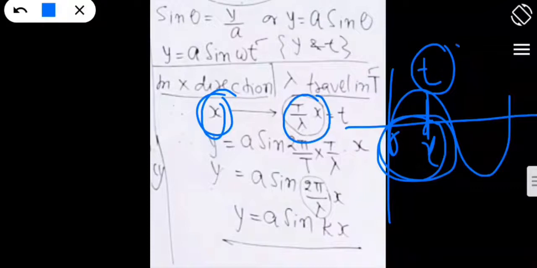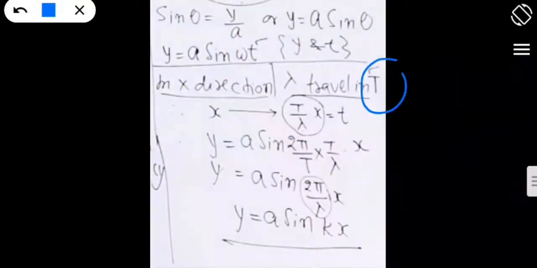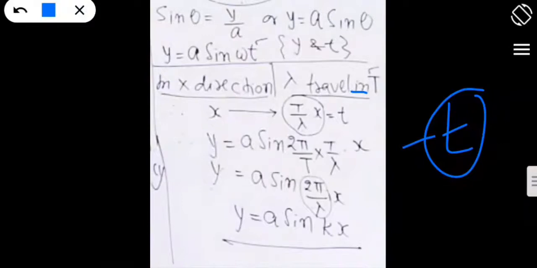That was the capital T lambda calculation, and x means a small distance covered in a small time interval t. So here the small t formula is T by lambda into x.